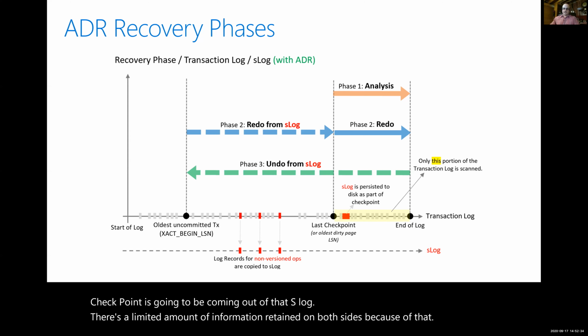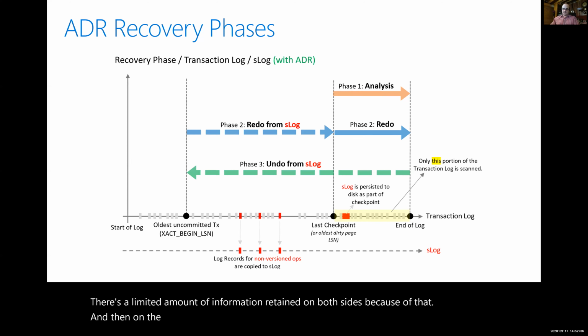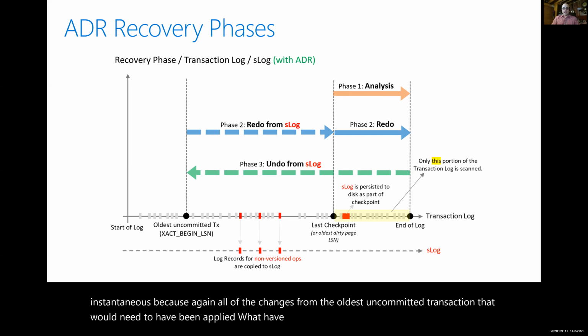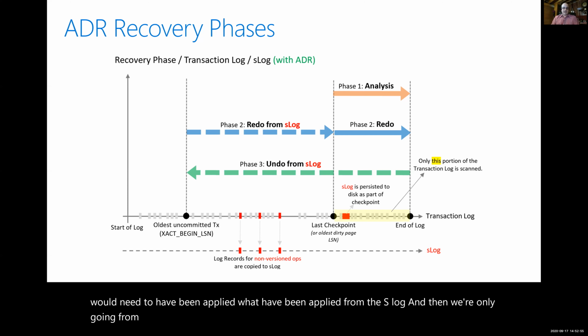And then in the undo phase, with accelerated database recovery or ADR, this is almost instantaneous because all of the changes from the oldest uncommitted transaction that would need to have been applied would have been applied from the slog. And then we're only going from the end of the log back to the last checkpoint rather than to the oldest uncommitted transaction. So again, really, really quick.